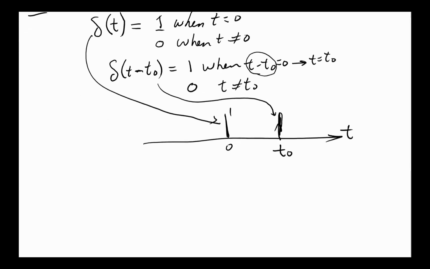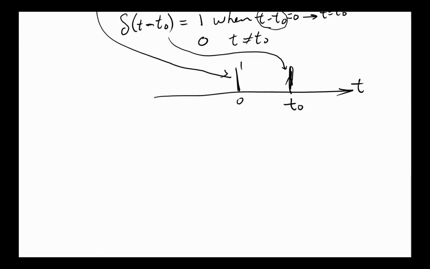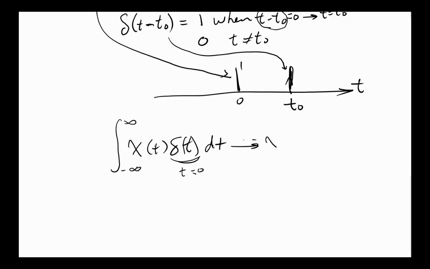Okay, and it also has the same properties we talked about before. If I were to have an integral of x of t, some x of t, from minus infinity to infinity, times delta t dt, that says the only time this function is a 1 is when t is equal to 0. Therefore, this whole thing is equal to x of 0.